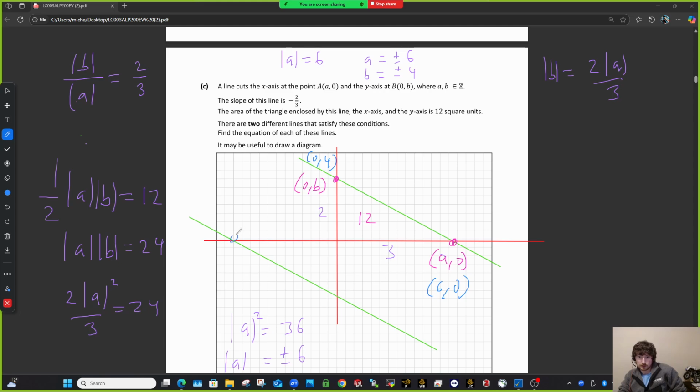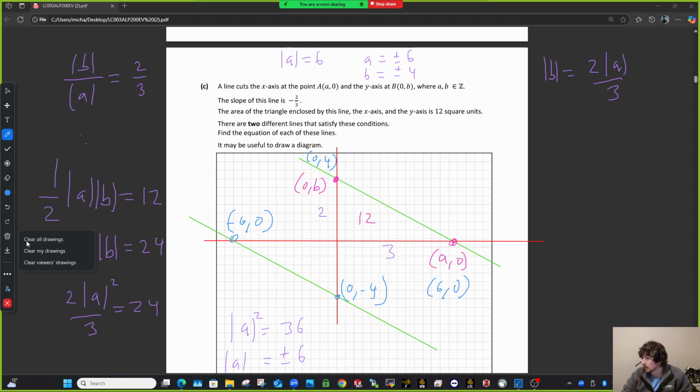And when this point here is minus 6, 0, this point here is 0, minus 4. Okay, I'm happy with that. 0, minus 4, minus 6, 0. So they're the points. That was a good question. A good diagram helped things a lot there.